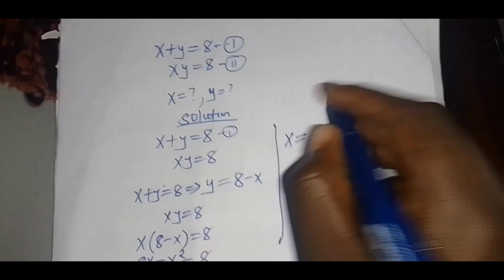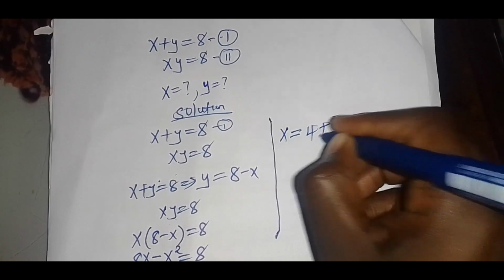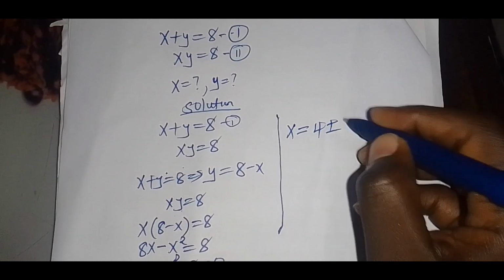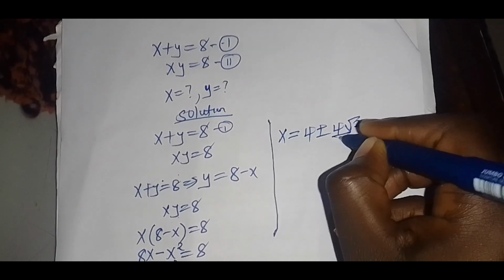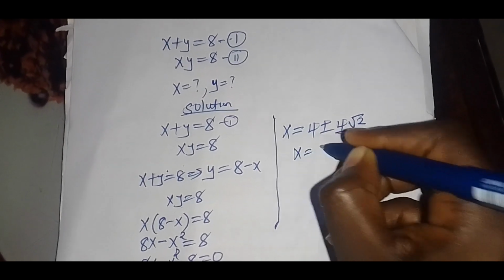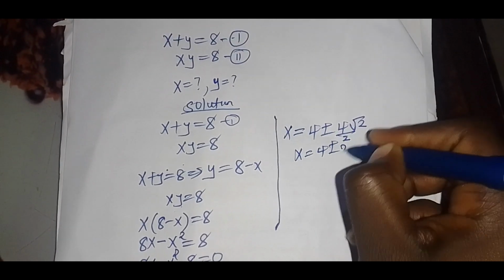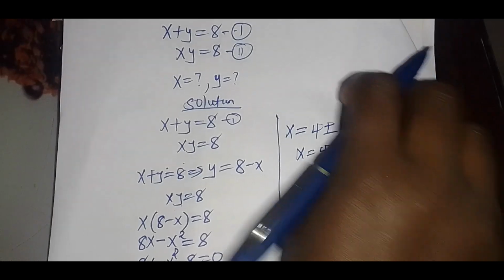The square root of 16 is 4, multiplied by the square root of 2, divided by 2, so that x is equal to 4 plus or minus 2 square root of 2.